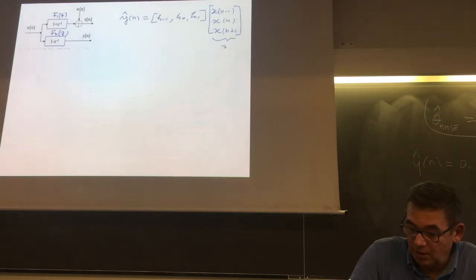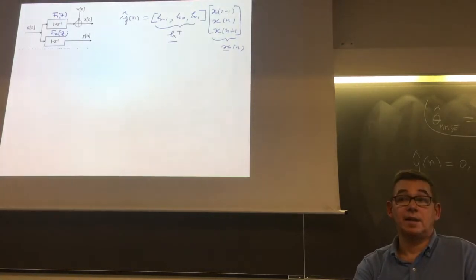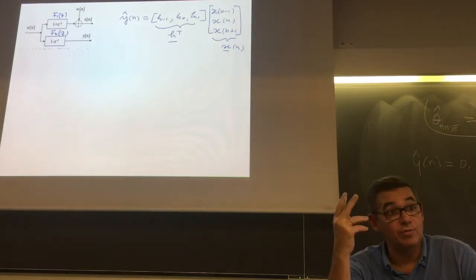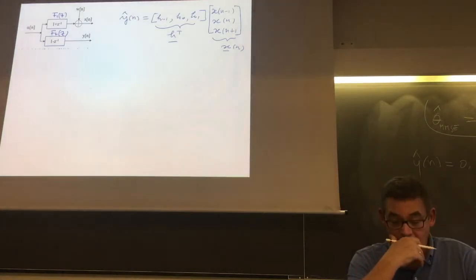This is what I call x n, and this is what I call h transpose. So my goal is to get the MMSE estimator based on the three values n minus 1, n, and n plus 1.